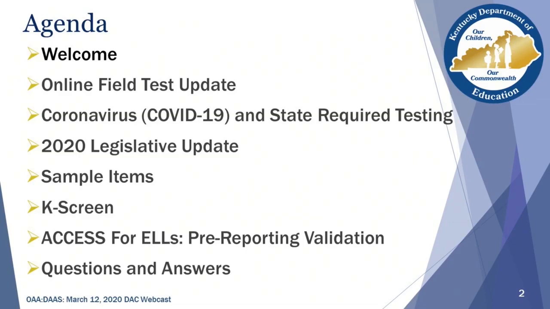Also, we have some updates on filed legislation from the 2020 legislative session. So we want to bring you up to date on those items. We do want to note for you that we have sample items out there that have been previously released. We want to just bring you up to date that they continue to be out there.